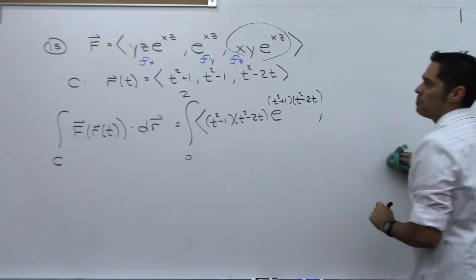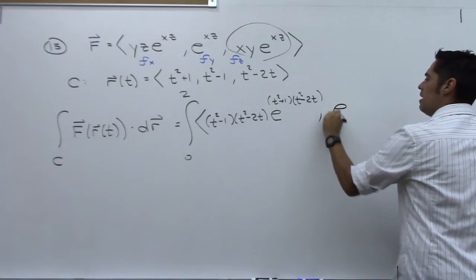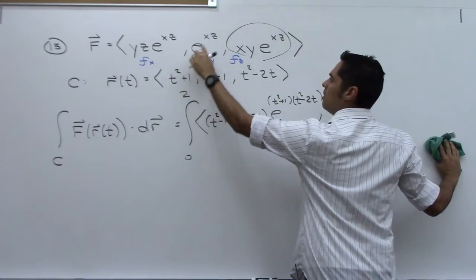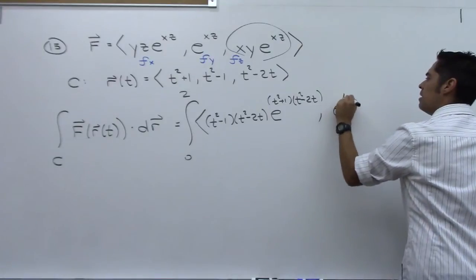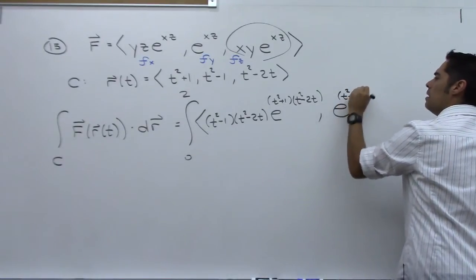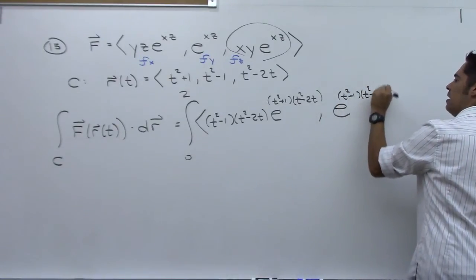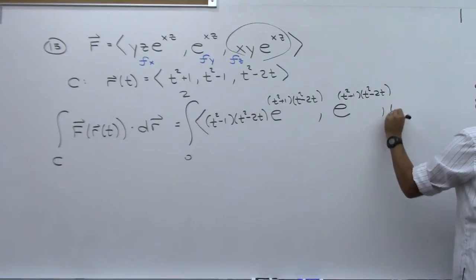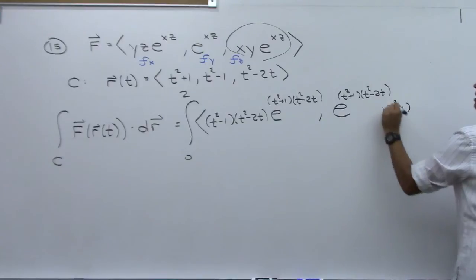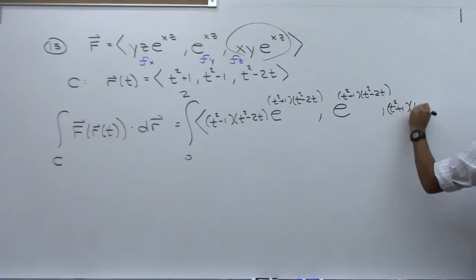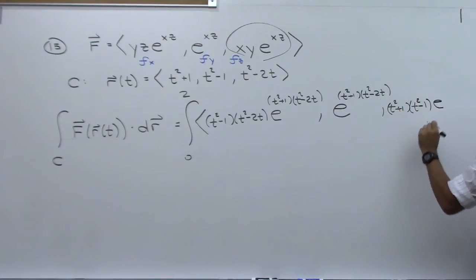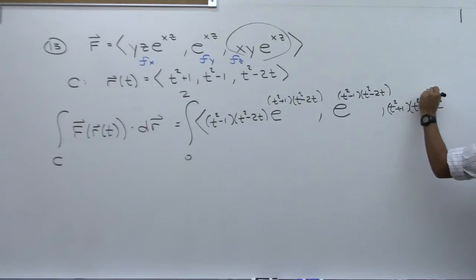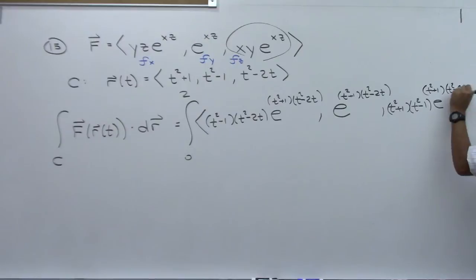Okay, that's the first part. Then e to the xz, so t squared plus 1 times t squared minus 2t. Then this one right here, that's going to be awful. t squared plus 1, and then y, t squared minus 1. I'm going to run out of room. e to the xz, which would be e to the t squared plus 1 times t squared minus 2t.